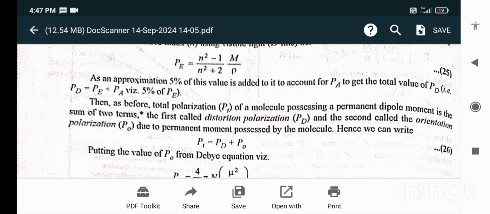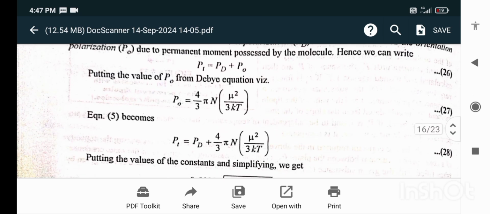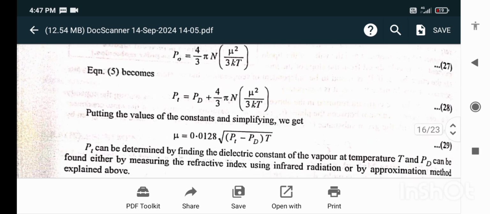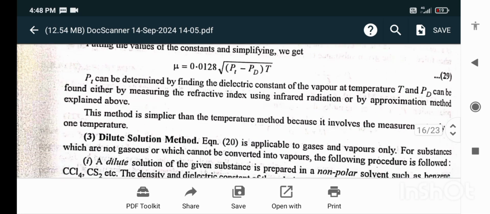Hence, we can write P_T = P_D + P_0. Putting the value of P_0 from the Debye equation, we get μ = 0.0128 √((P_T − P_D)T). P_T can be determined by finding the dielectric constant of the vapor at the temperature T, and P_D.